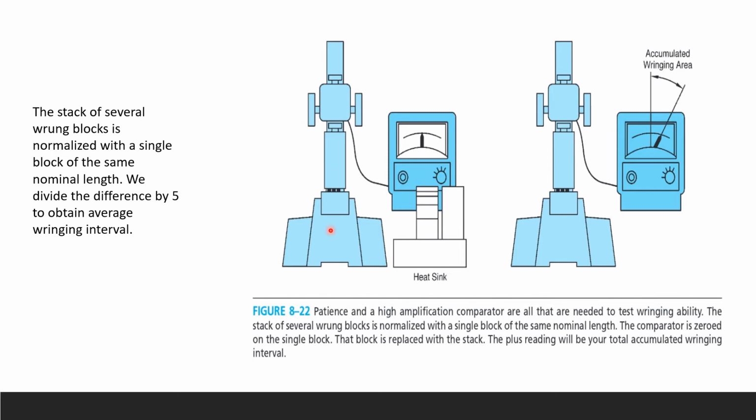Okay, so the comparator is zeroed on a single block, and the block is replaced with the stack. So the plus reading will be the total accumulated ringing interval. So the ringing intervals are in between each block right there: 1, 2, 3, 4 ringing intervals right here. And we are able to measure by using a comparator, which is this one, and you can see and read the accumulated ringing interval in between these blocks.